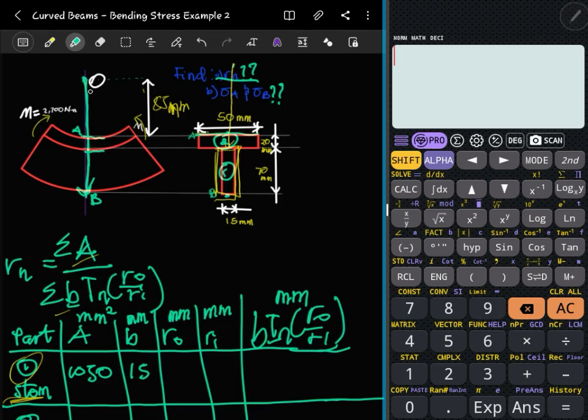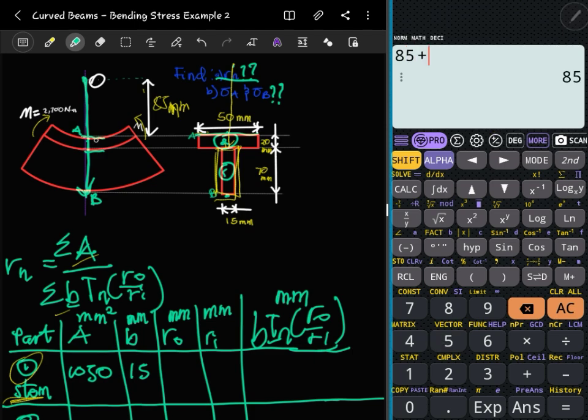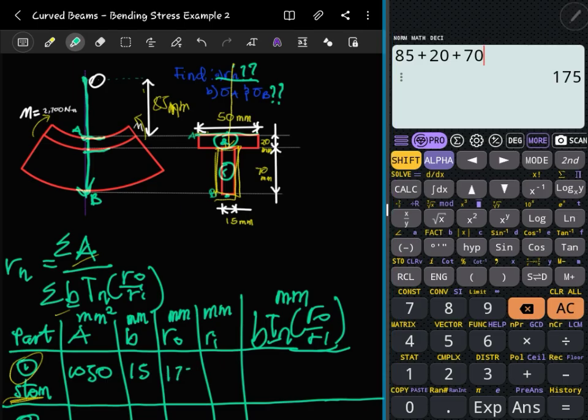So we need from here to here, which is 85, and then this thickness here, which is the 20, plus the 70 here. That gives us 175. And for the Ri, we are trying to find the Ri here. So let's see.